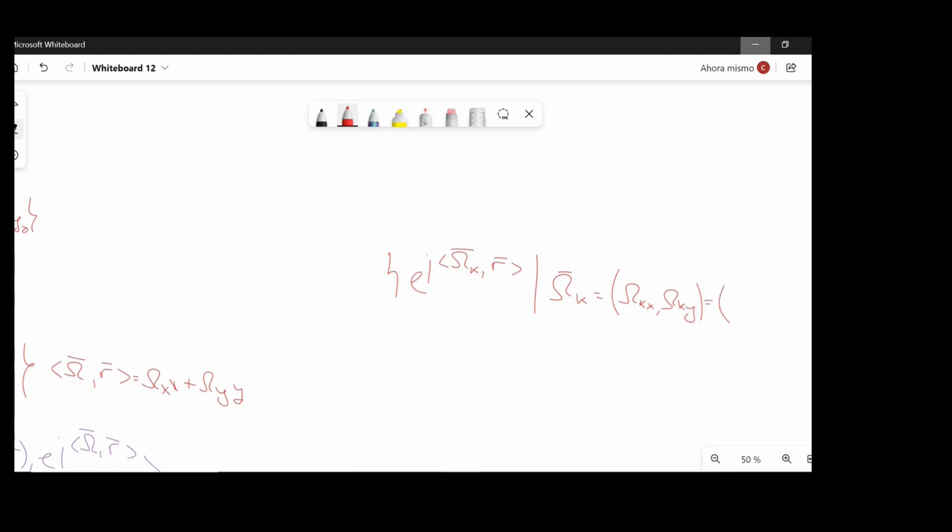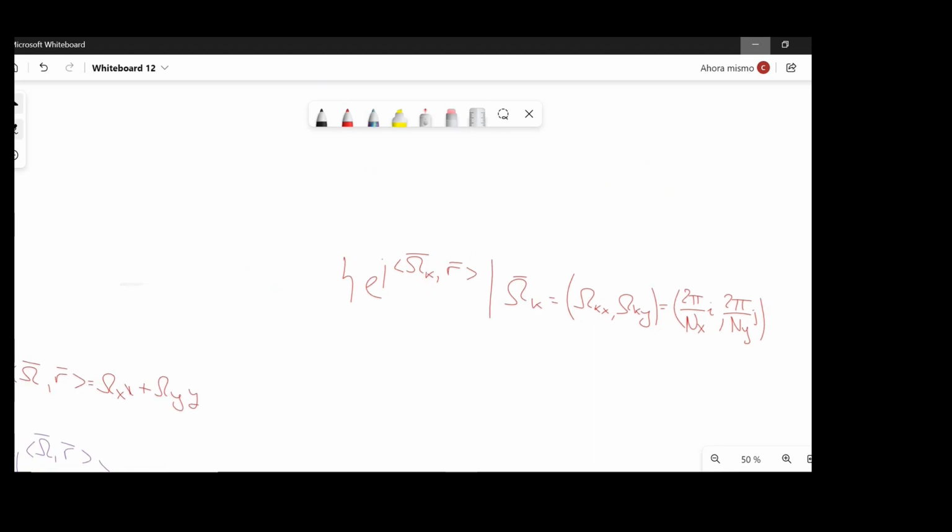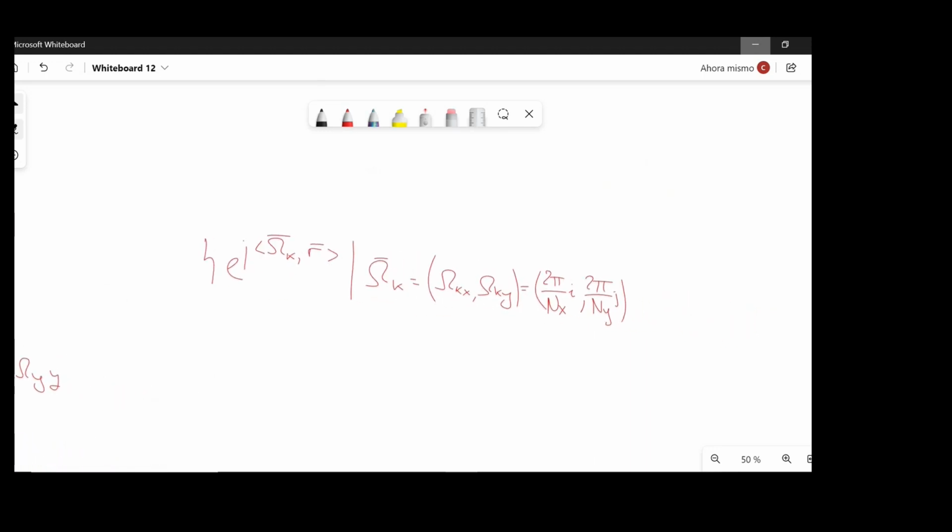Which are those? It will be the same as we had before. What was before? 2 pi over n, where n was the length of my unit signal, the one that was replicated. But now I have 2 dimensions. So it will be n in the x dimension times i and n in the y dimension times j. This is not good because I'm not using k.